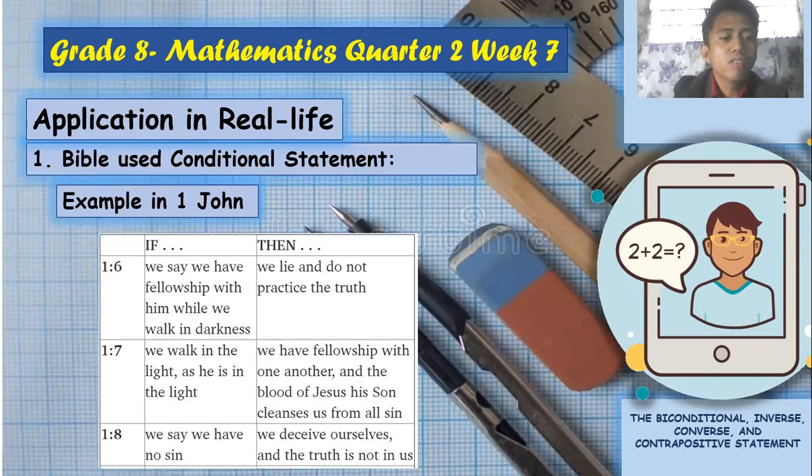In First John chapter 1 verse 6, it states: if we say we have fellowship with him while we walk in darkness, then we lie and do not practice the truth. I will repeat, our conditional statement is an if-then statement, right?